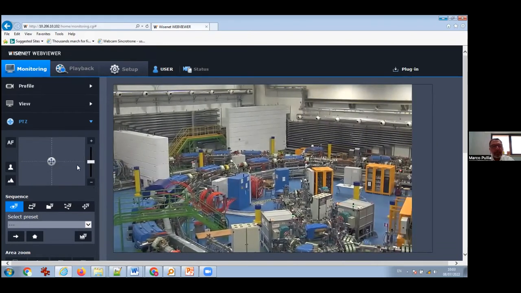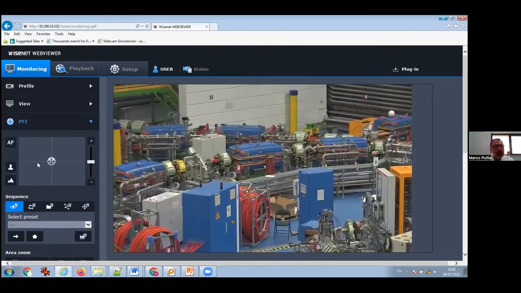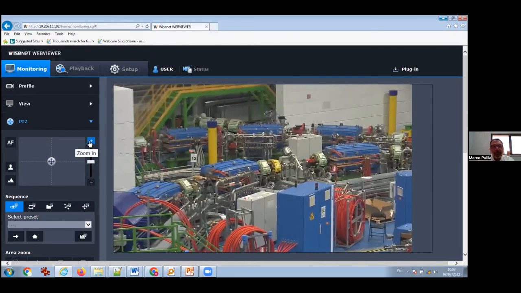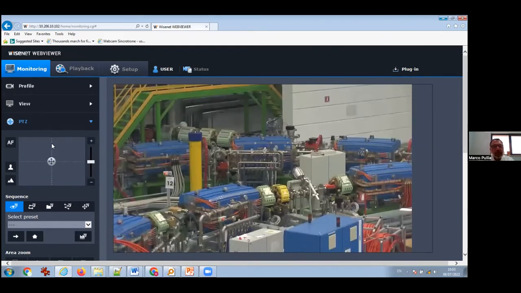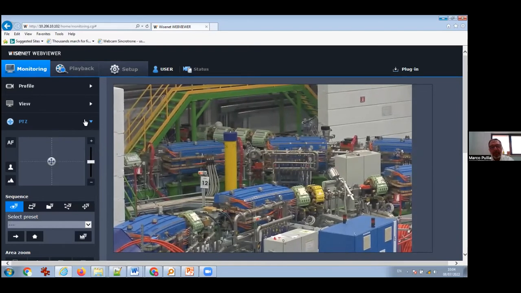Now, here you can see the beam line bringing the beam to the experimental room. After this, on the left here, behind the wall, there is the experimental room.